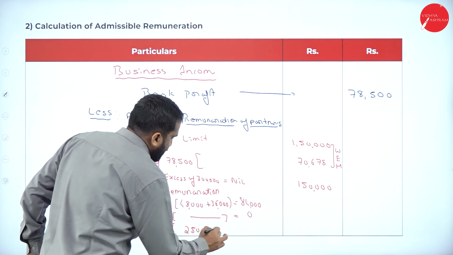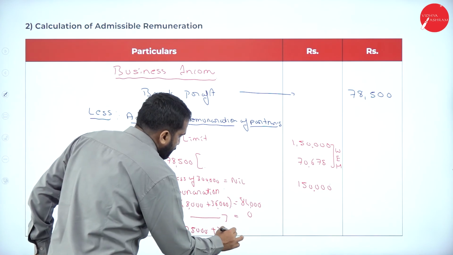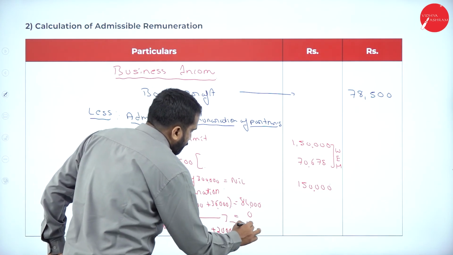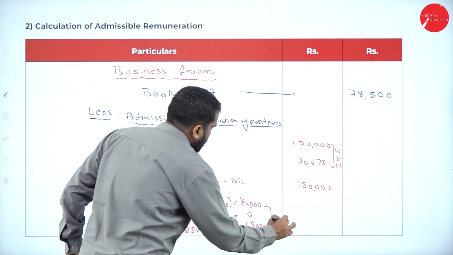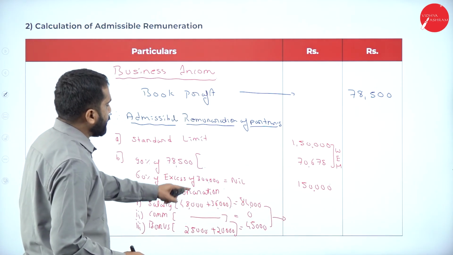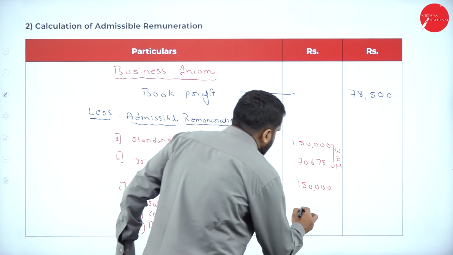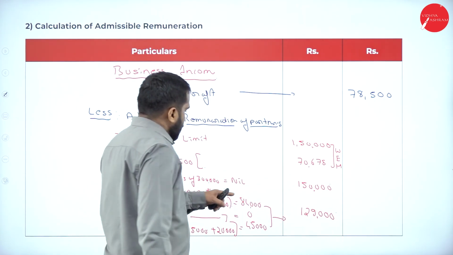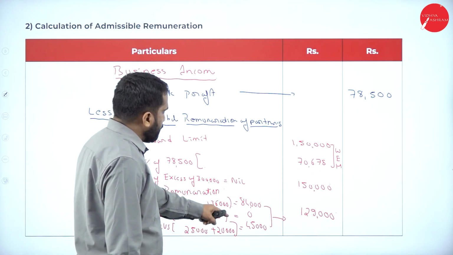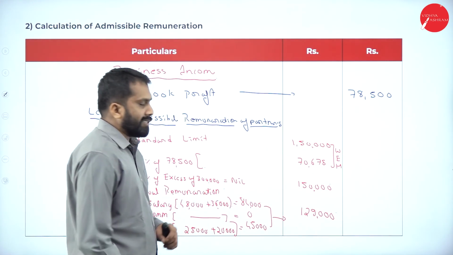25,000 plus 20,000. So we have taken 45,000. What is the total? The total is 1,29,000. 80 plus 40, 120 plus 5 plus 4, 9. Yes, 1,29,000.